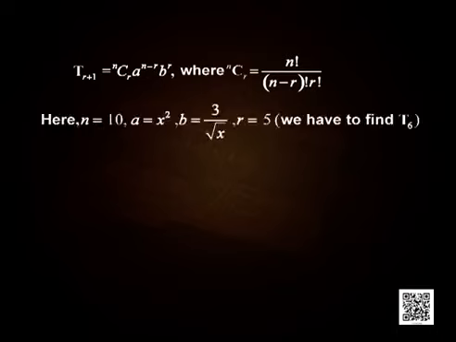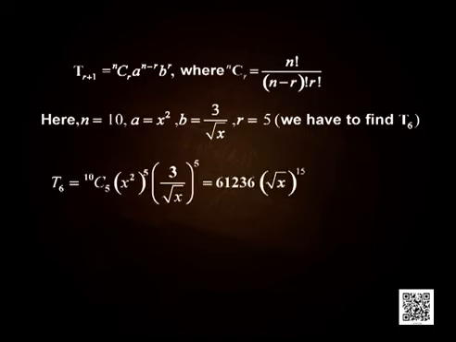So, n is 10, a is x squared, b is 3 by root x, r is 5. So, if I substitute it in the formula of T(r+1), T6 takes the value 10C5 (x squared) raised to the power 5 into (3 by root of x) whole to the power 5.